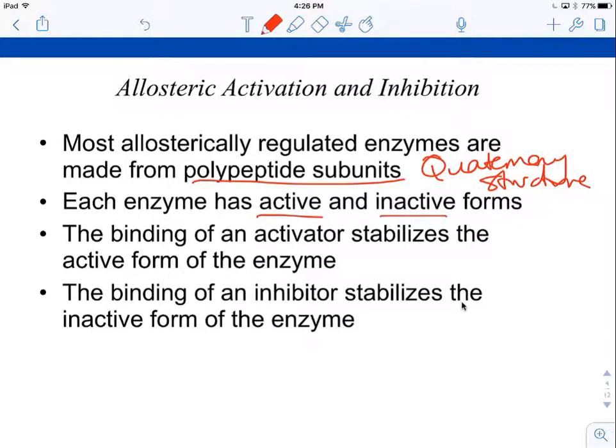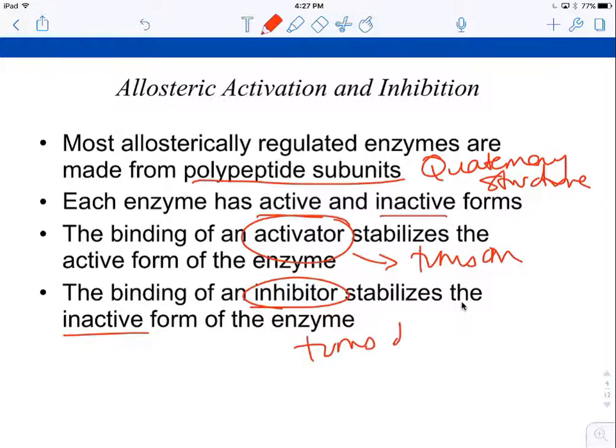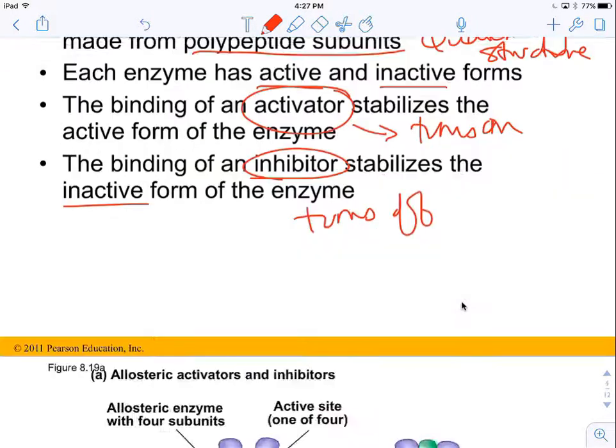If an activator binds, that stabilizes the active form of the enzyme and turns it on. If an inhibitor binds, this stabilizes the inactive form and turns it off. So we'll have both allosteric activators and allosteric inhibitors.